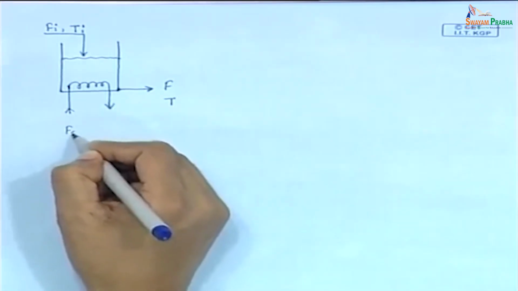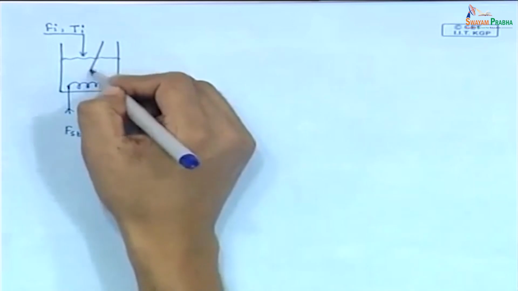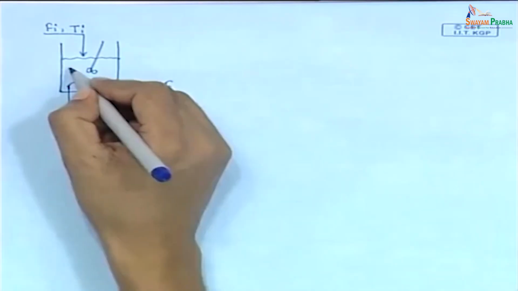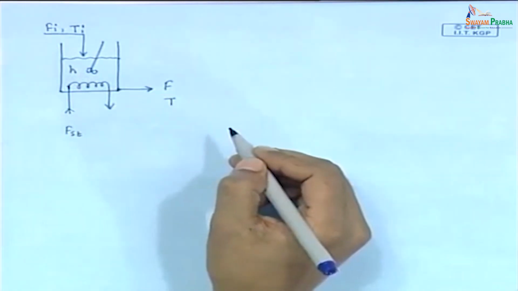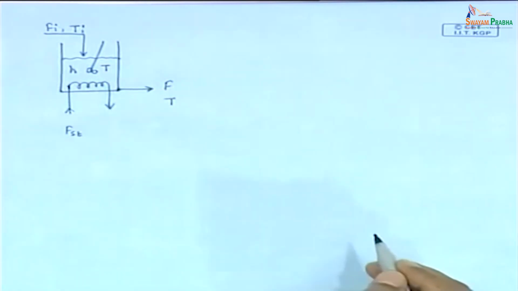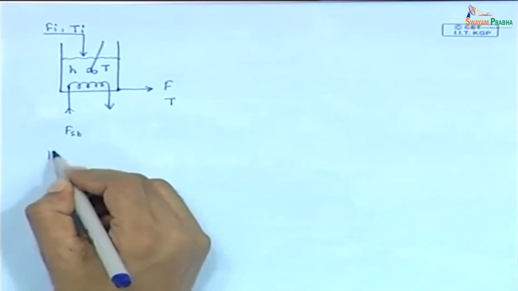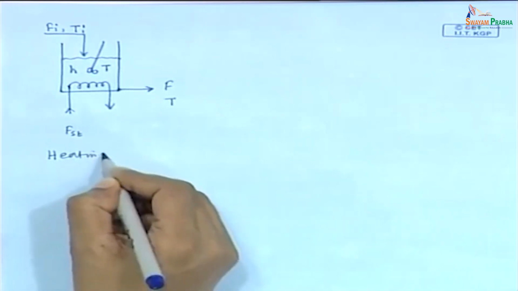It has the flow rate of Fst, and liquid height is H, temperature T. So, this is the heating tank system.